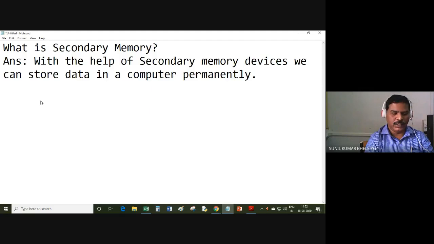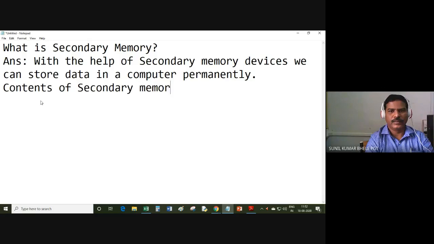So you can write an example of secondary memory devices, or you can write this point also: contents of secondary memory will not be lost in absence of power.